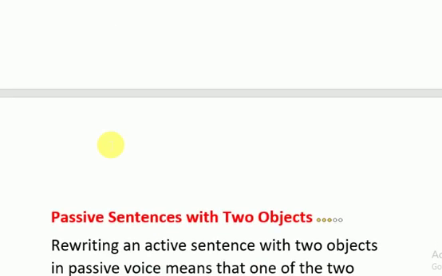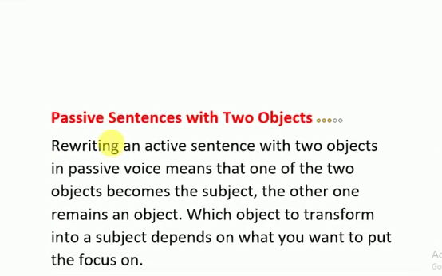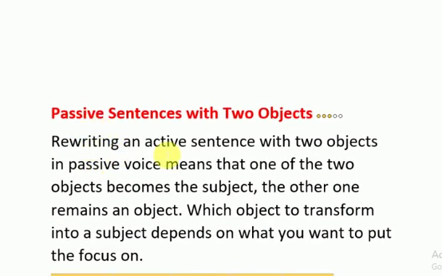Okay, here is another thing. Sometimes in passive sentences we need two objects. That is, we need a direct one and an indirect one. Rewriting an active sentence with two objects in passive voice means that one of the two objects becomes the subject, the other one remains an object.